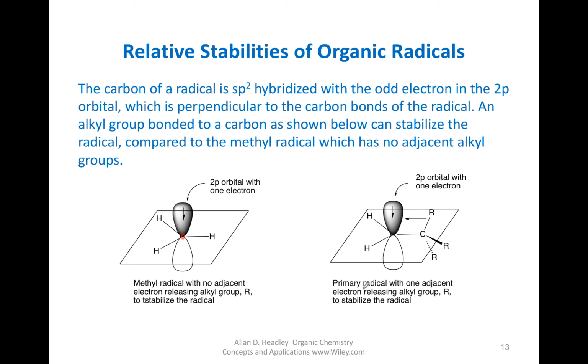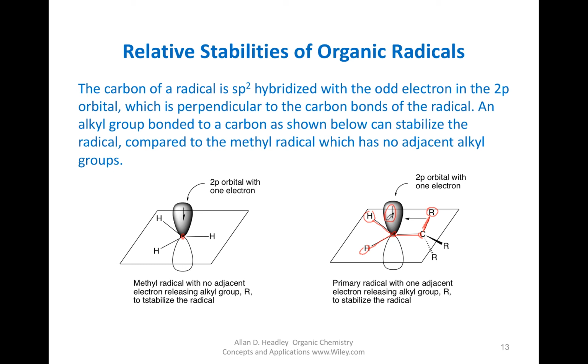Let's look at a primary radical. So here's a carbon, sp2 carbon again, primary, so it's bonded to one other carbon here, and of course two hydrogens. Notice the geometry carefully though. This hydrogen, that hydrogen, and this C-C bond are in the same plane that's perpendicular to this p orbital. However, if this carbon here has another alkyl group or even a hydrogen, these covalent bonding electrons are sitting right across from this odd electron.